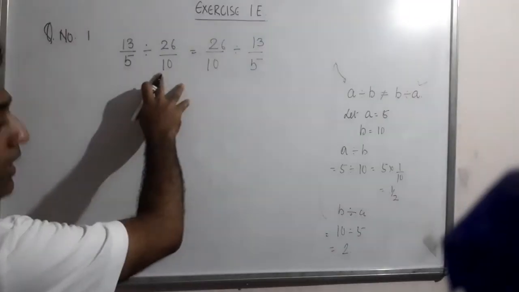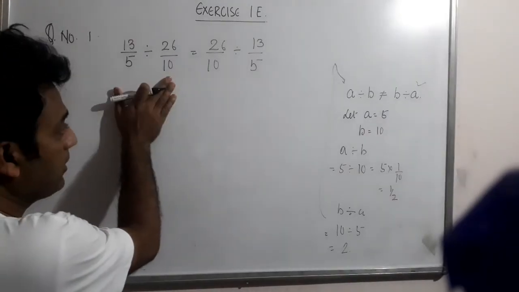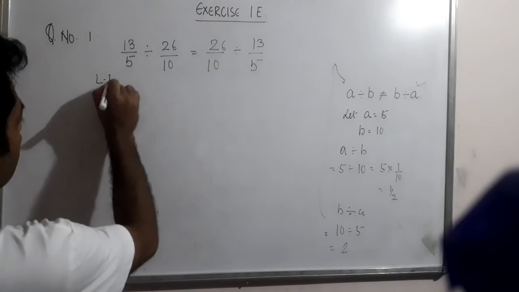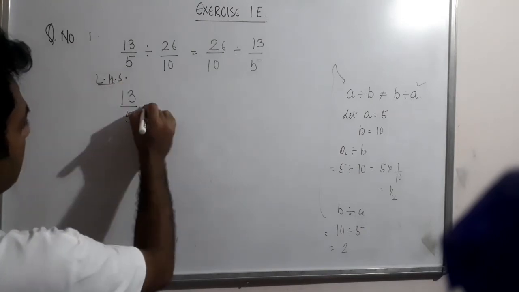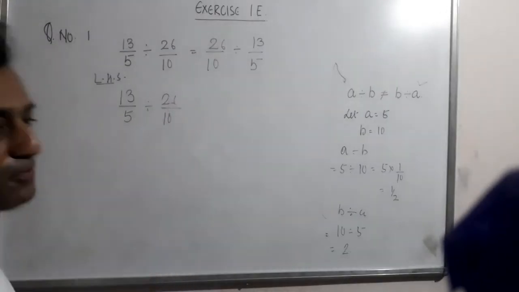If you see here that the two numbers are the same, first check whether, in the division of two rational numbers, they are the same or different. So 13 by 5, LHS, divided by 26 by 10. Actually 26 by 10 is 13 by 5.